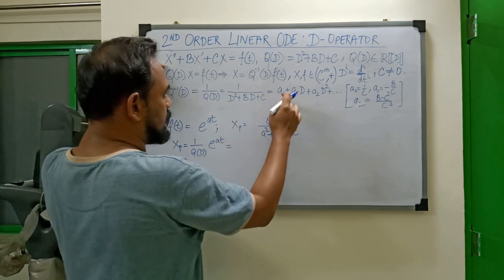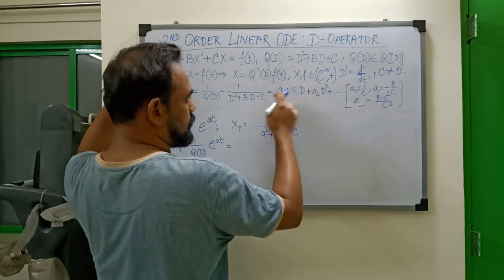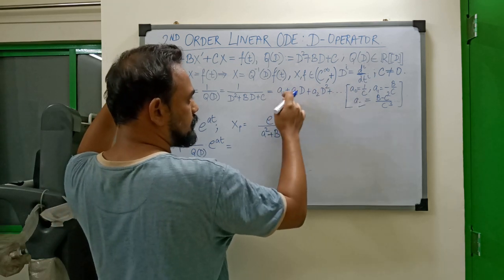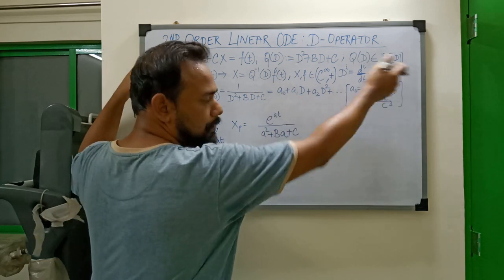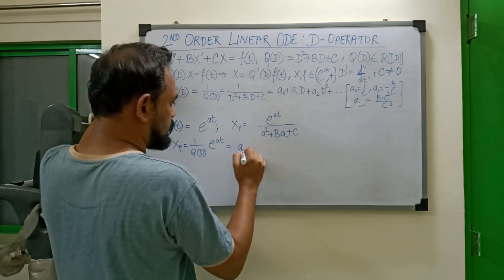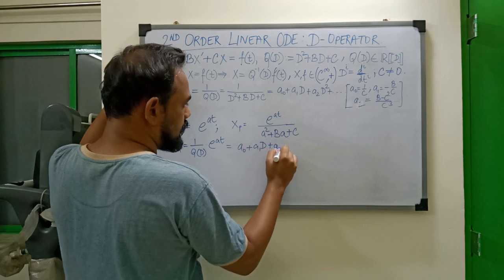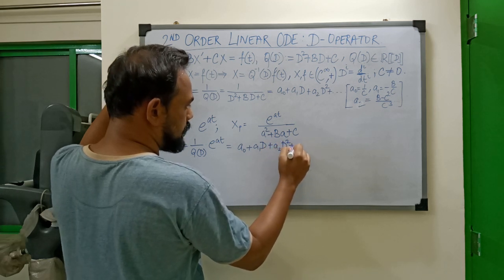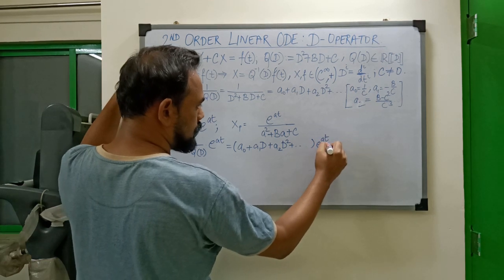Now 1 over qd expanded like this gives you terms like this. It's a power series where the first three are known. We've calculated them. I have not calculated beyond that. So let's just write that out: a0, a1d, a2d square plus dot dot dot. This acts on e to the power at.